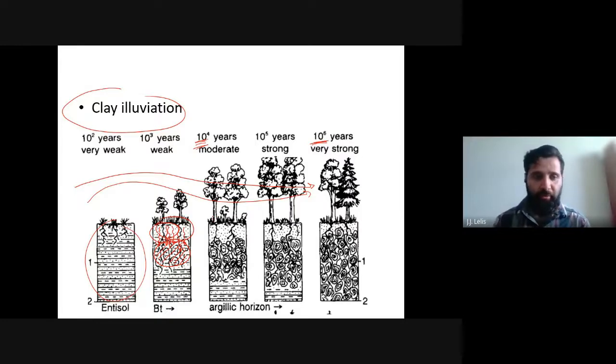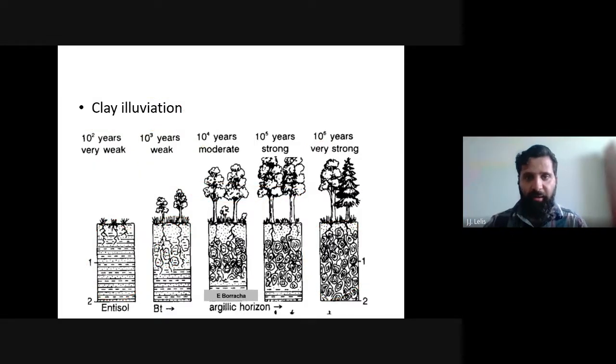So it's not so fast again, but we can easily see some little differentiation with just some hundreds or 1,000 of years, but we need a lot of time to produce an argic horizon that is very thick.